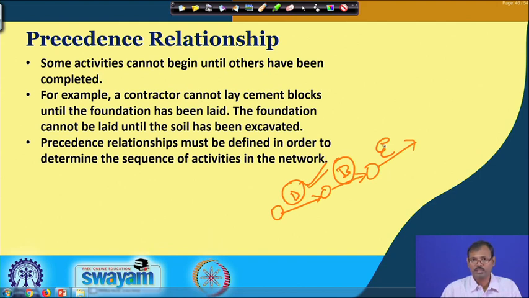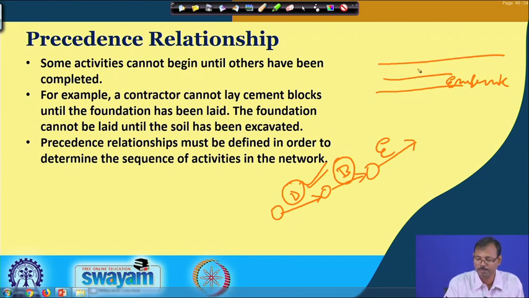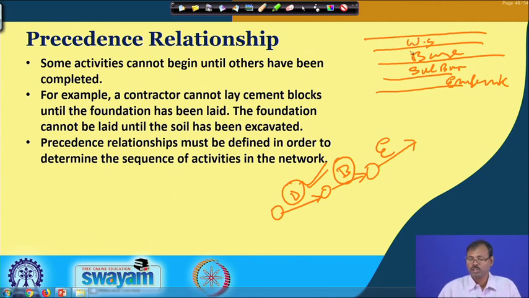As in the last class we have seen the example of construction of road. In the road there are layers: the first layer is the embankment, the second layer is the sub base, the third layer is the base, and the fourth layer is the wearing surface. The embankment, which is the soil or subgrade, has to be placed first, and that must be rolled properly.